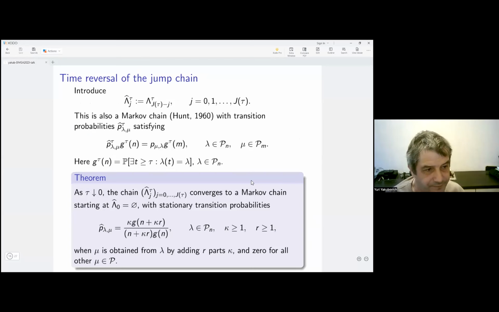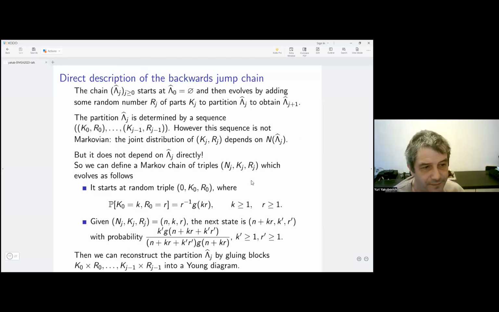And so we can now look at this limiting Markov chain, which is obtained from this time reversed Markov chain as tau goes to 0.